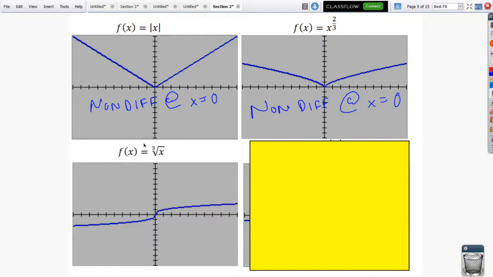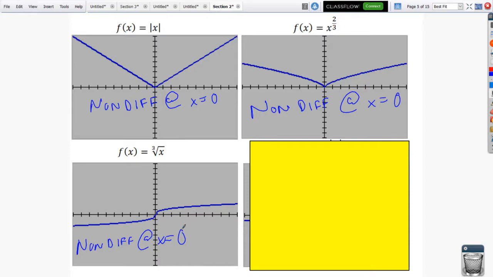It's really when we have these odd indices right here. You will see ways later in this book in order to figure out where functions are non-differentiable. As of right now, in general, you want to talk about the picture. So this is going to be non-differentiable at x equals 0. The function is differentiable everywhere else other than 0.